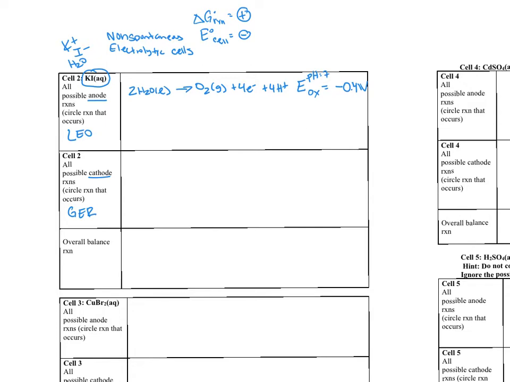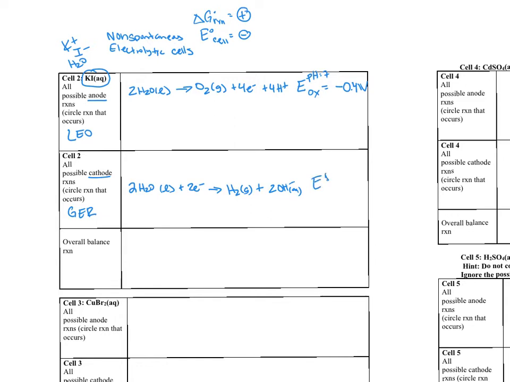For every single cathode, where we're having reduction, we write down 2H2O plus 2 electrons forms H2 gas. So if you observe bubbles at the cathode, that's the production of hydrogen gas, plus 2 hydroxide ions. So if you had phenolphthalein, you would see that solution turn pink.